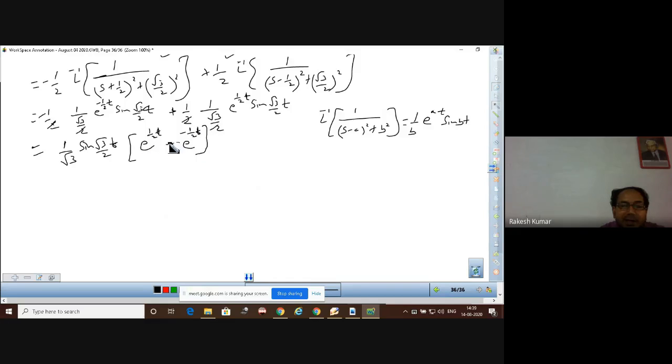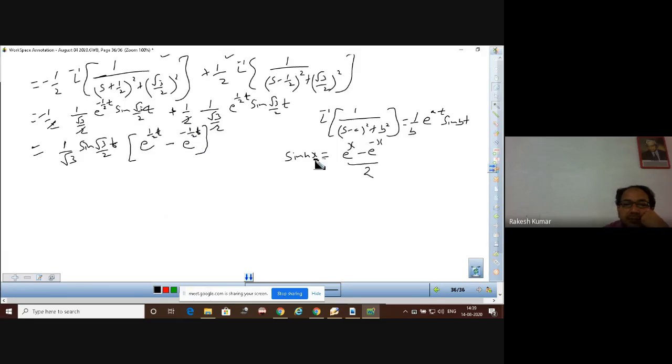Now, there is the exponential term here, and if you remember the hyperbolic formula, sine hyperbolic x is e raised to power x minus e raised to power minus x over 2. What is x? That is 1 by 2 t. And minus x is minus 1 by 2 t.